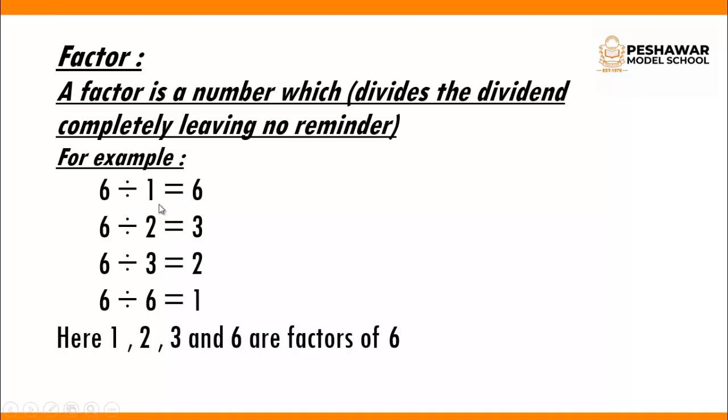Because 6 is divisible by 1: 1 6s are 6. 6 is also divisible by 2: 2 3s are 6. 6 is divisible by 3: 3 2s are 6. And 6 is also divisible by 6, that is 6 1s are 6. That's why we can say that 1, 2, 3 and 6 are factors of 6.